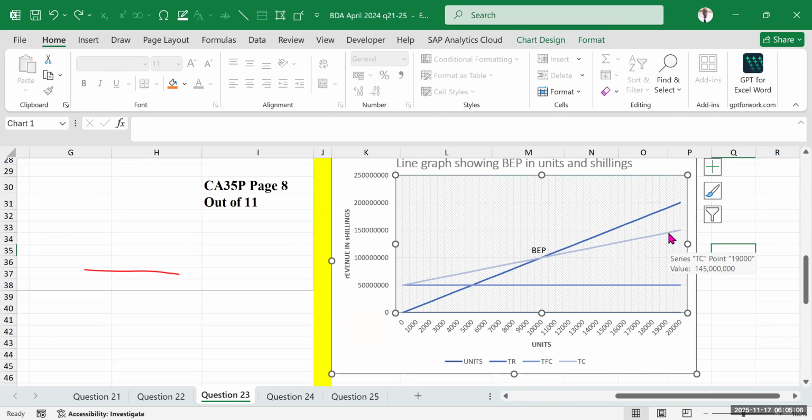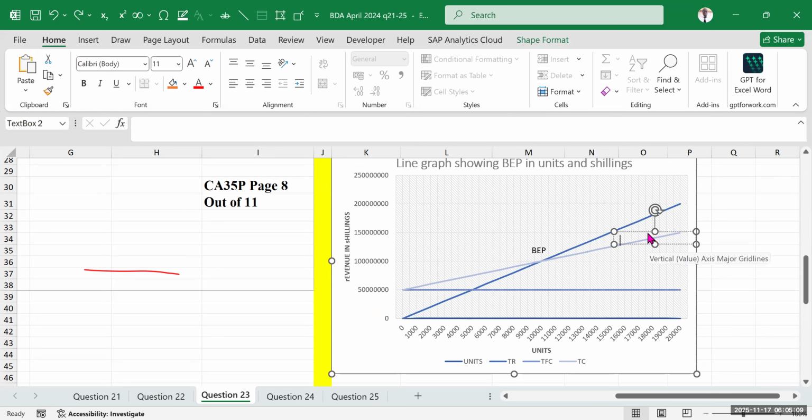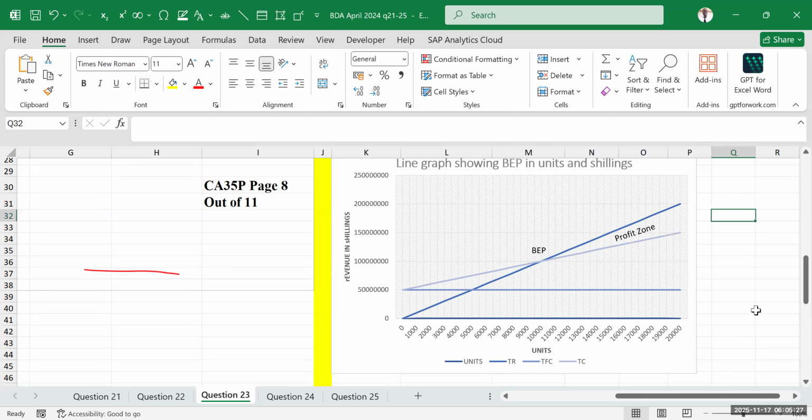So let me just type it first, profit zone, like that. Then I can now twist it a bit, and move it up here so that it is showing profit zone.